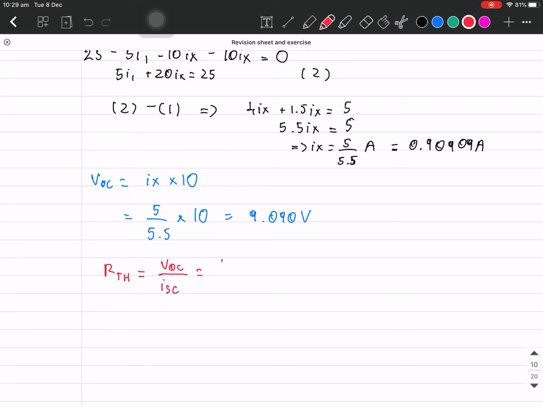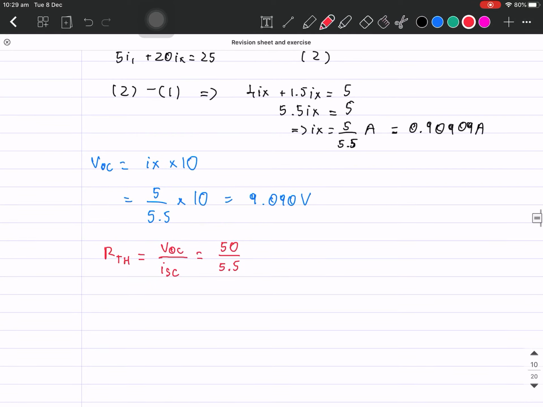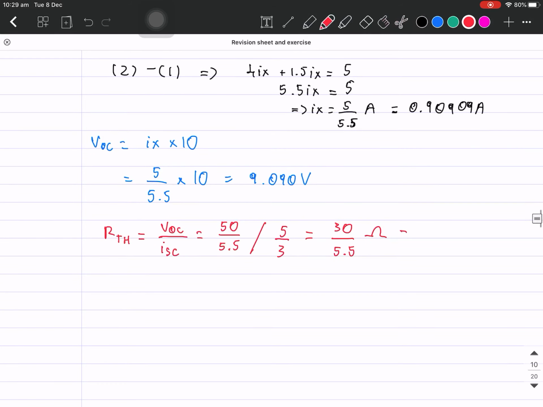And that should give me 5 over 5.5 divided by 5 over 3. And this one should give me 30 over 5.5 ohms. I'm sorry, and that is 5.45.